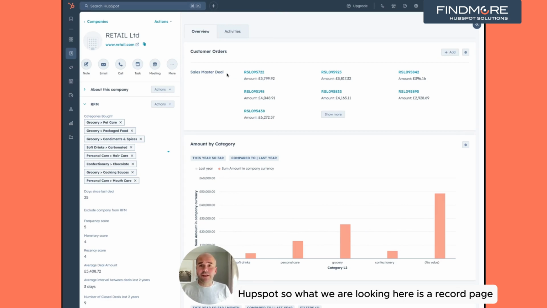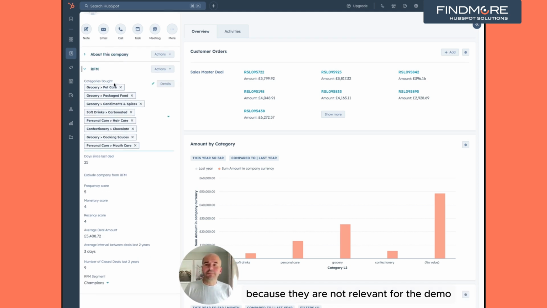So what we are looking at here is a record page of a company, Retail Limited. On the left, as we usually have for the company, we have all the properties from the company, which I hid because they are not relevant for the demo. And we have this RFM section that we created. For RFM to work, we usually need to have the order data coming from the ERP into HubSpot.